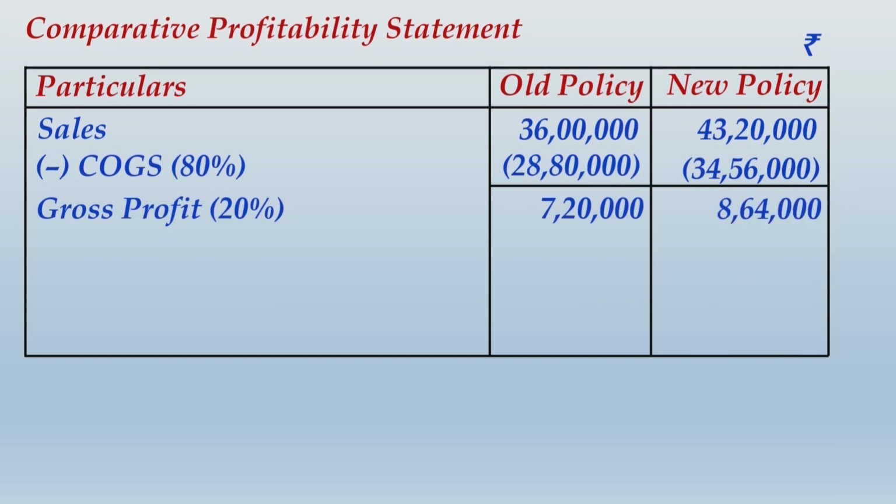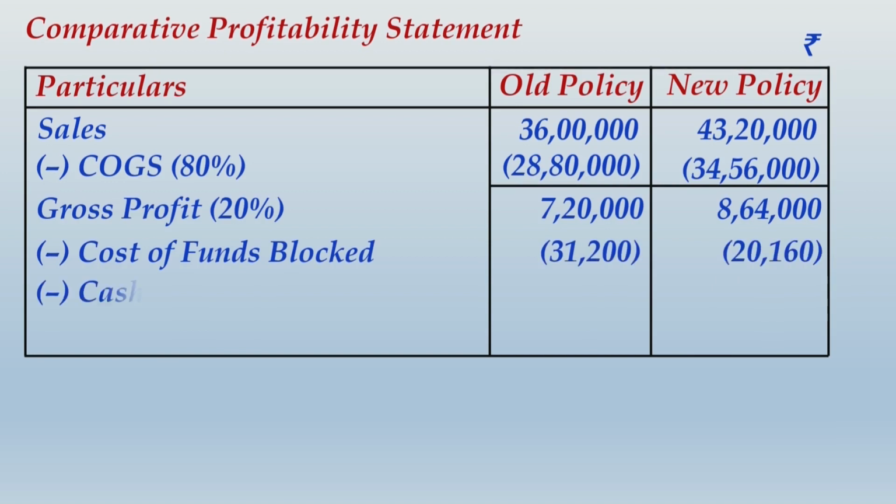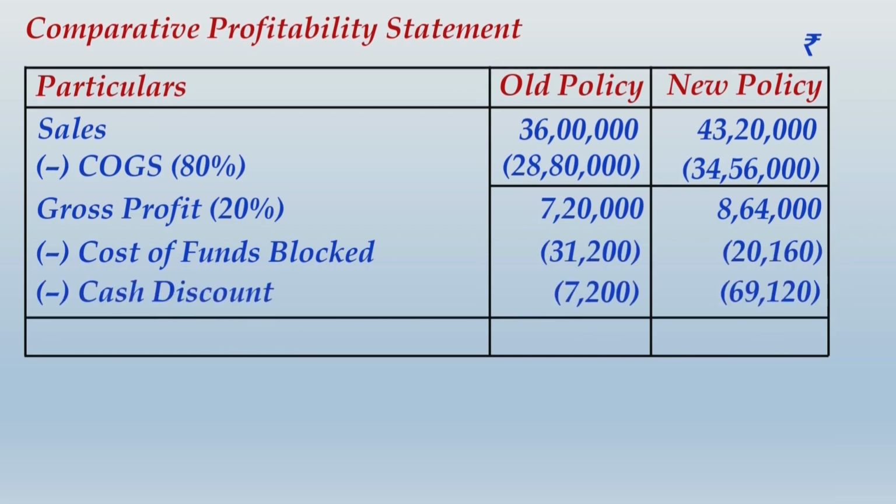And from gross profit margin, subtract two more components, that will be cost of funds blocked and cash discount, and what you get is the net amount of benefit or simply the net profit, and that profit is 6,81,600, and under the policy which is now proposed, it is 7,74,720. So we can see clearly that old policy has a lesser amount of net profit, new policy has greater amount of net profit. So new policy is definitely better than the old policy. We can go ahead with this.